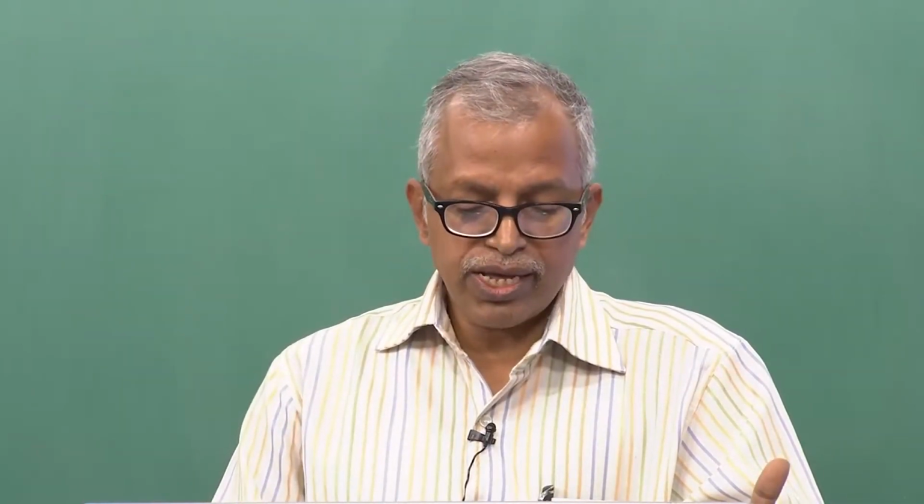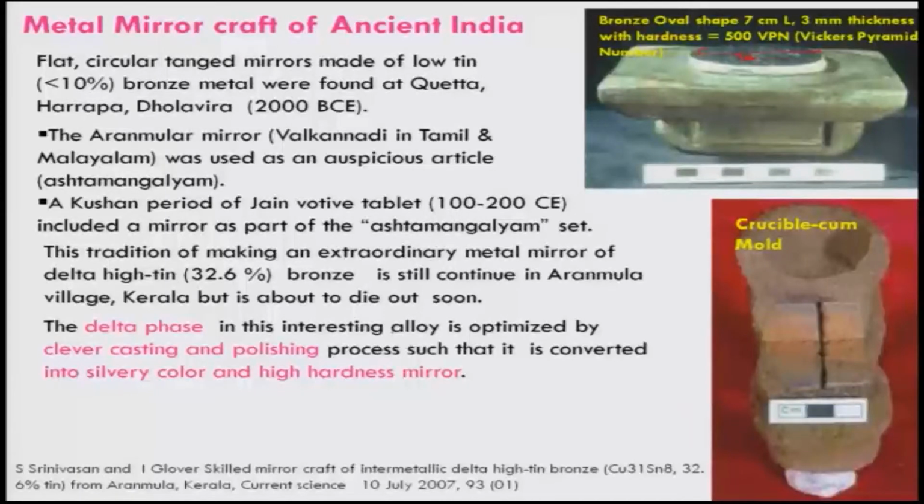And during the polishing process, the hardness also increases. So, the delta phase, as I told earlier, in this interesting alloy is optimized by clever casting and polishing process, such that it is converted into a silvery color and high hardness mirror.